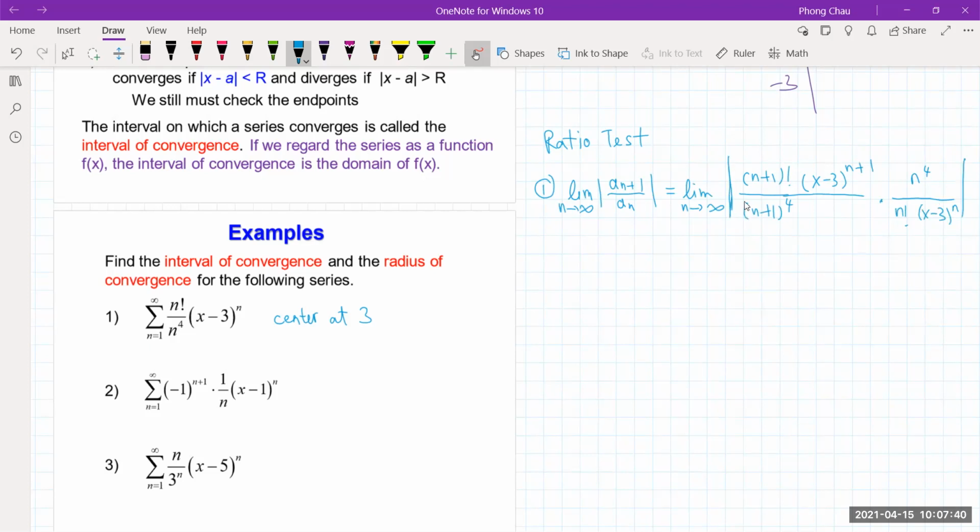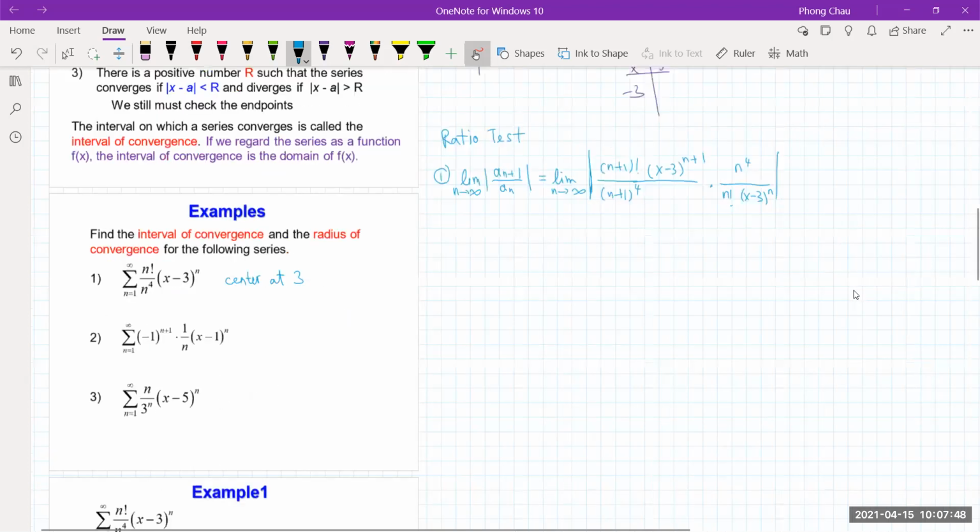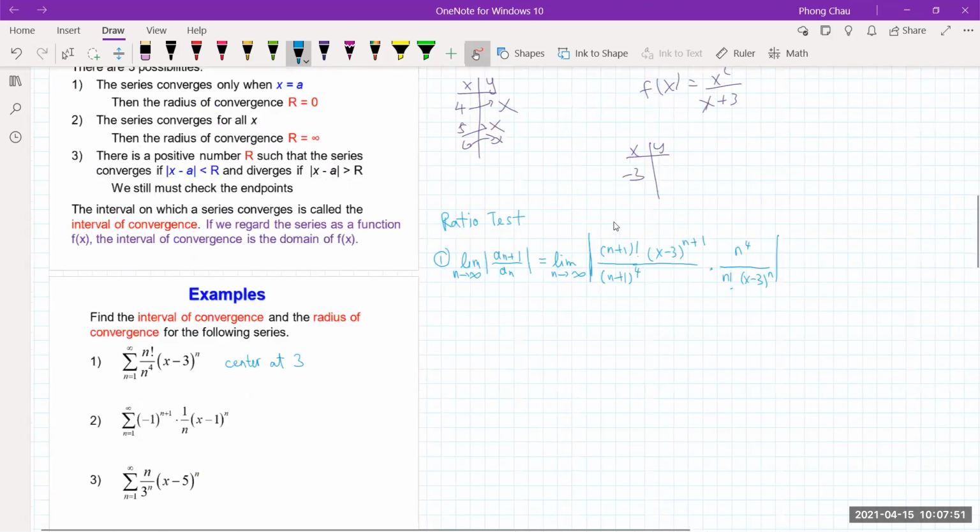All right, so let's say, what do we know? If you look at the cancellations of common factors, we have quite a few things we could do. One is the factorial, the n plus 1 factorial over n factorial. So again, the product is the same except the n plus 1 is left there, right?